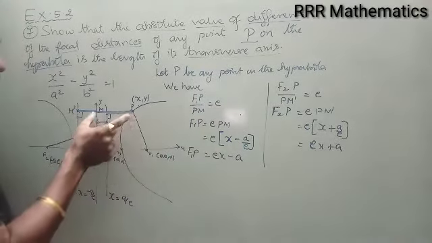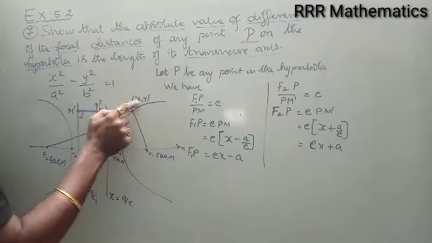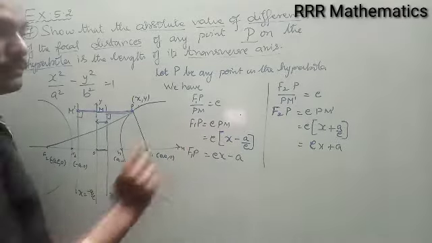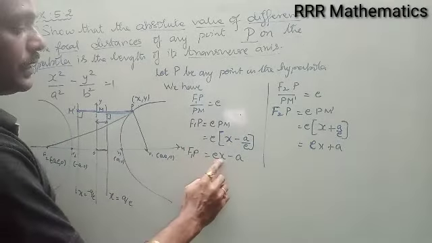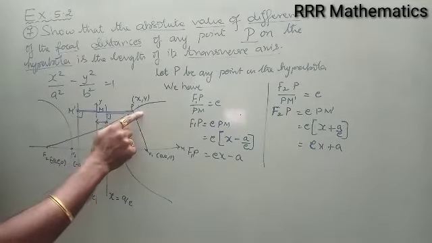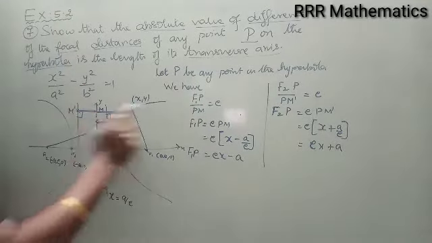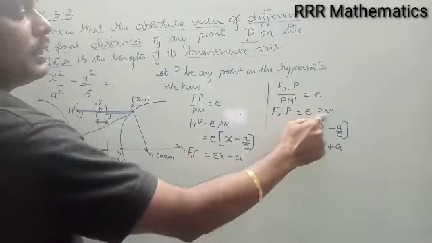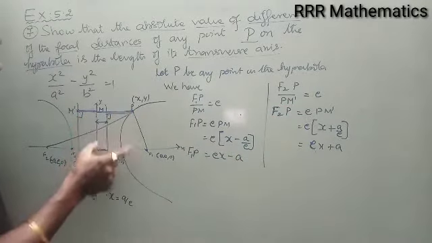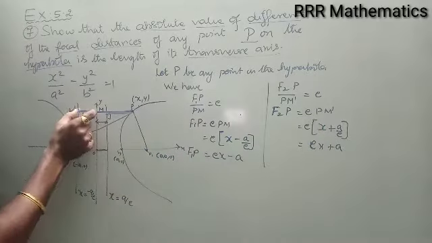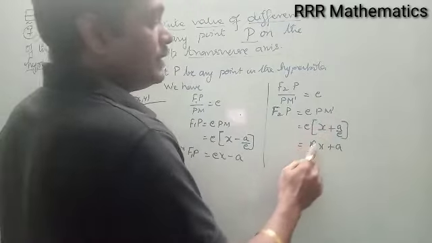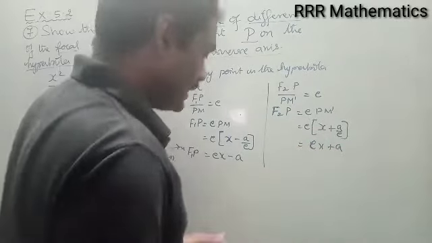What is PM? The whole horizontal distance x, minus this gap a by e. It gives ex minus a when you take e inside. From this focus, F2P divided by PM dash equal to e, so F2P equals e into PM dash. PM dash is the horizontal distance x plus the gap a by e. So x plus a by e. When you take e inside, we get ex plus a.